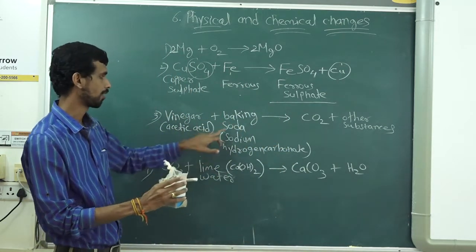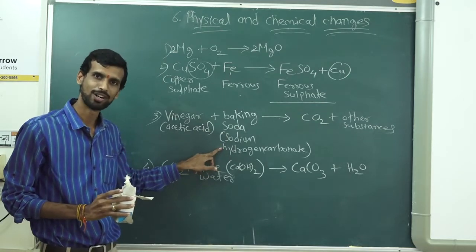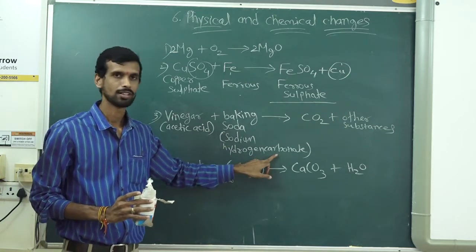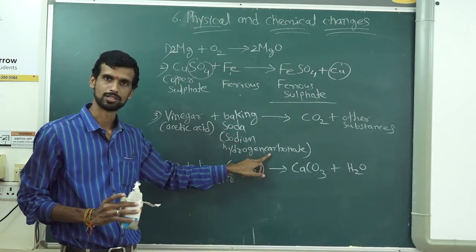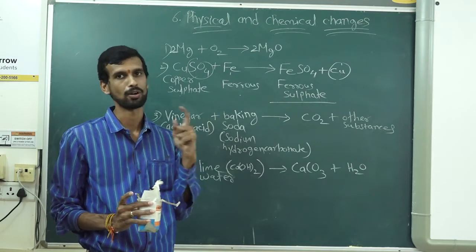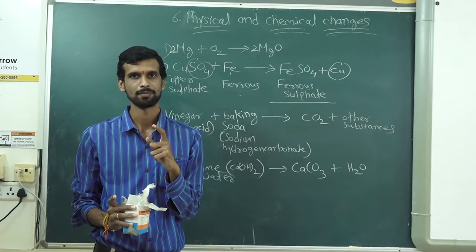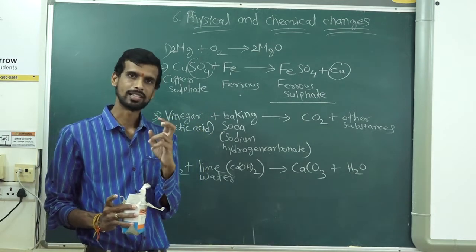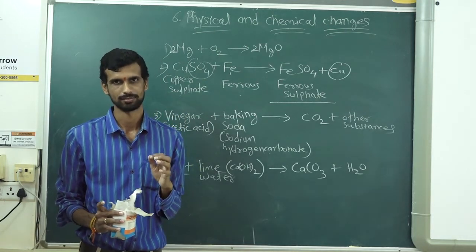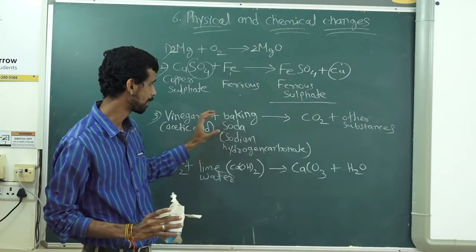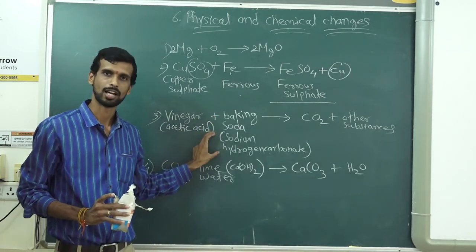The chemical name of baking soda is sodium hydrogen carbonate. Baking soda is different, baking powder is different. Baking powder contains some kinds of acid in it. Baking soda is completely sodium hydrogen carbonate.